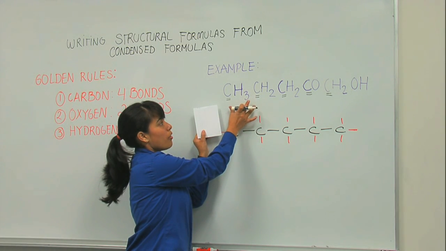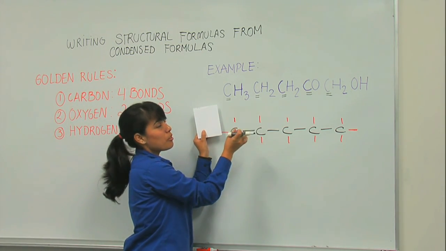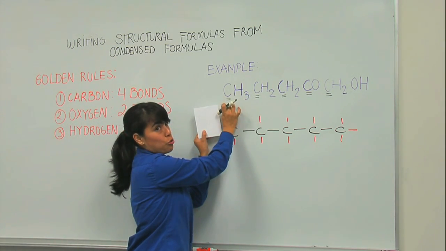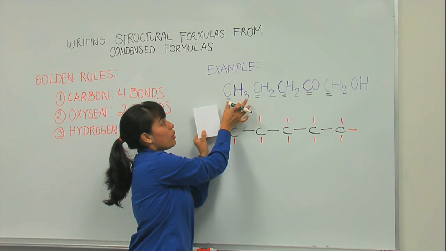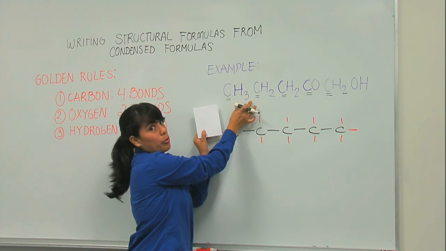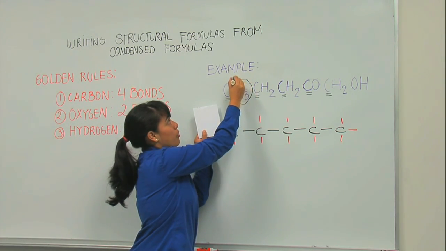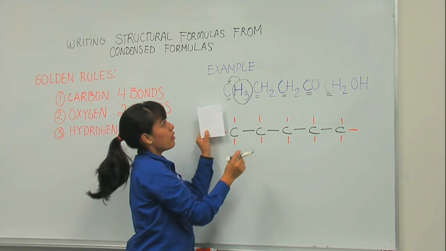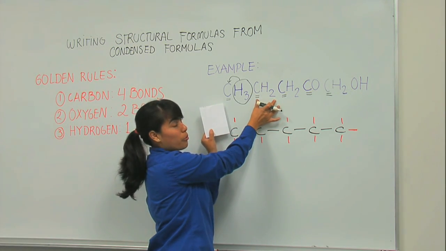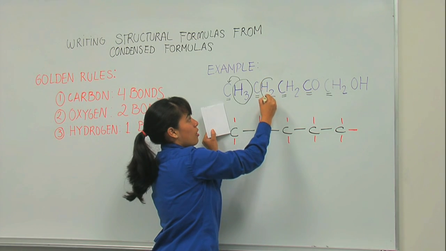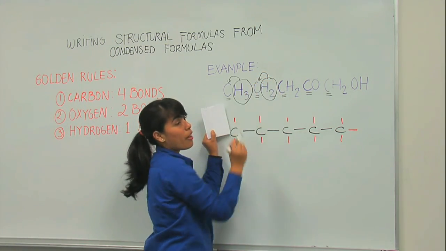My next step is always look at my original condensed formula and imagine that whatever is to the right of that carbon is going to be attached to that carbon. So let's take a look at this carbon. To the right are 3 hydrogens. So these 3 hydrogens are going to be bonded to that carbon. Next to this carbon are 2 hydrogens, so these 2 are going to be bonded to that.